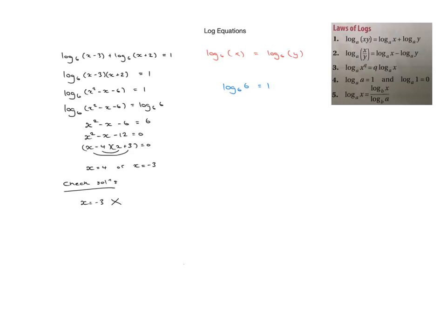So that one won't work. Let's check the other one, x is equal to 4. Well, if we put 4 in to here, we get log 6 of 4 minus 3, so that's log 6 of 1, plus log 6 of x plus 2, so that's 4 plus 2, which is 6. So that works. Okay, so both my logs are positive, therefore I can now choose this one. This solution is applicable.